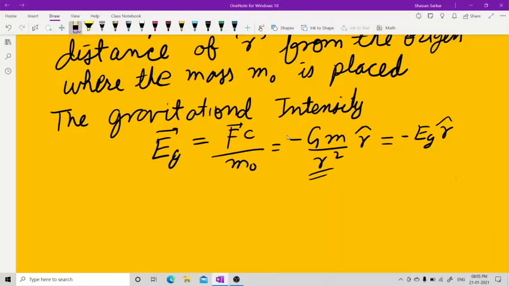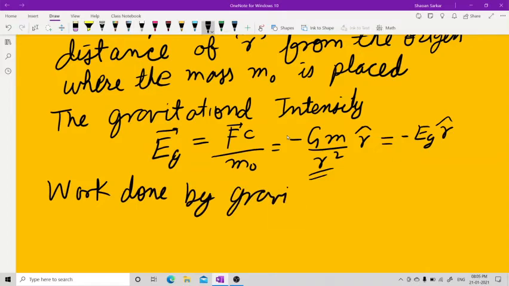Now, see the work done by gravity. Listen very carefully, this expression is very, very important.